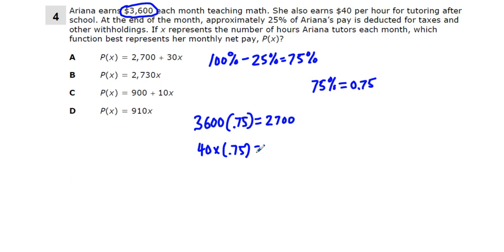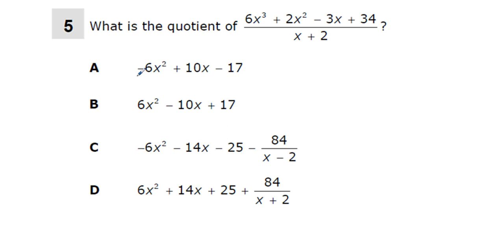What do we get? We're going to get 30x. And so what we're going to get is answer choice A. Now, if you're not careful about this and realize the nature of taking 25% out, you would be tempted to choose answer choice C. But read carefully and don't fall for it. I'm going to try to trick you in certain problems, maybe in every problem.